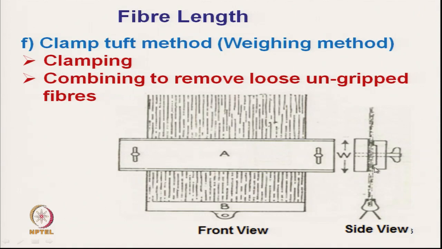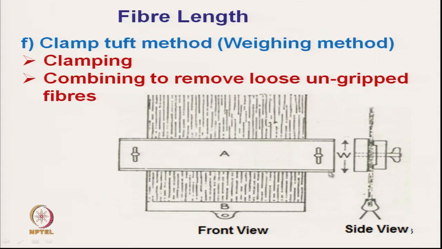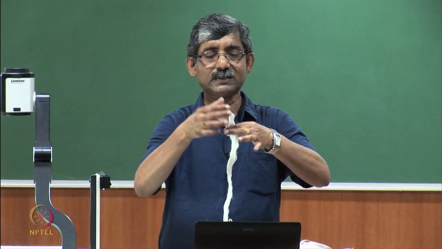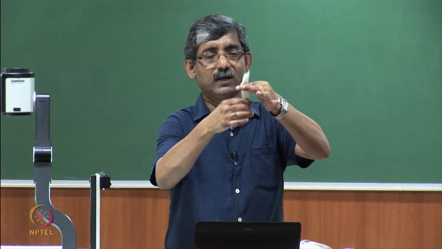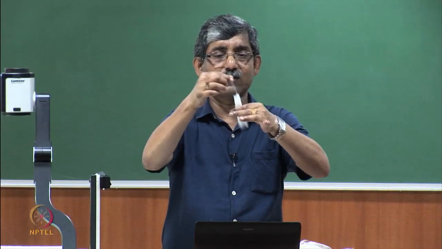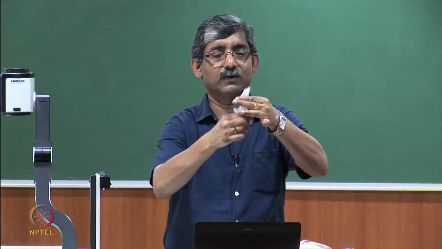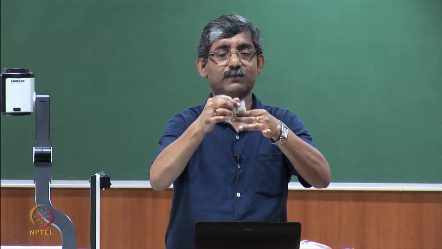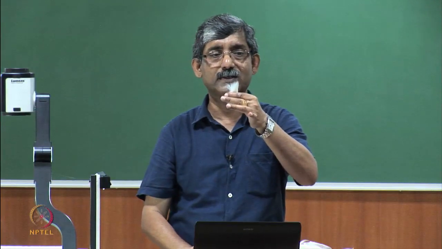The fibers are clamped with a clamp of known width; here the width of the clamp is W. After clamping, by combing we remove the loose fibers, whatever fibers are not gripped.